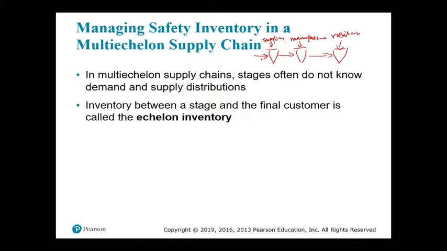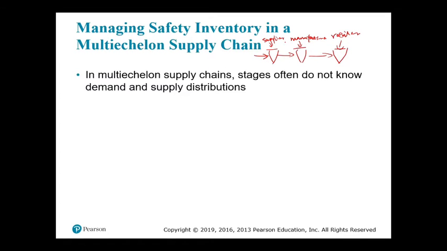And one implication in the approach we just used is to bear in mind that in multi-echelon supply chains, oftentimes we do not know exact demand and supply distributions. So there could be a lot of errors, and different parties may have different estimations of supply or demand distributions.